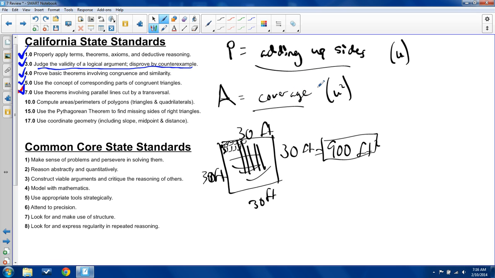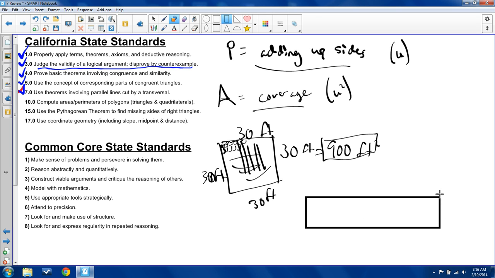So coverage is taking something like this rectangle, or that's a square. I go across this way, some amount of feet. Now I take that every single time and I expand it. I cover that much, this amount of times.